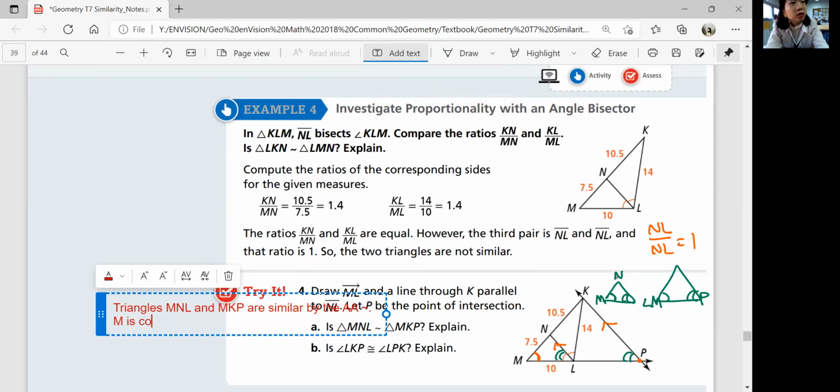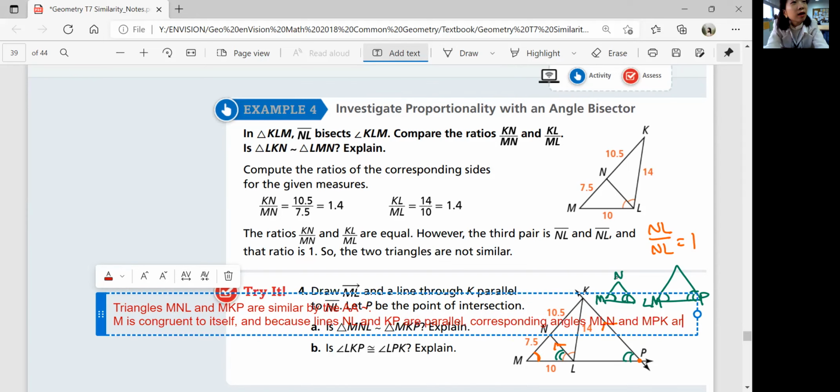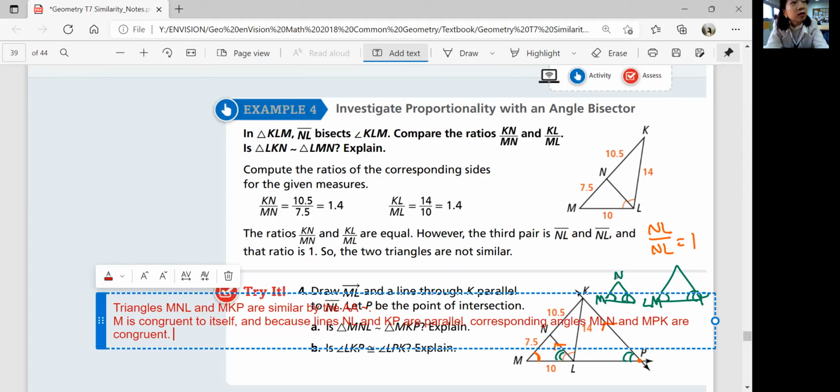M is congruent to itself, and because lines NL and KP are parallel, corresponding angles MLN and MPK are congruent.